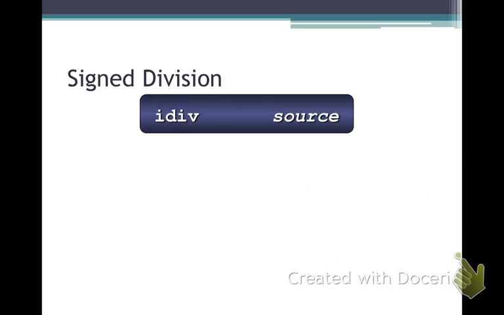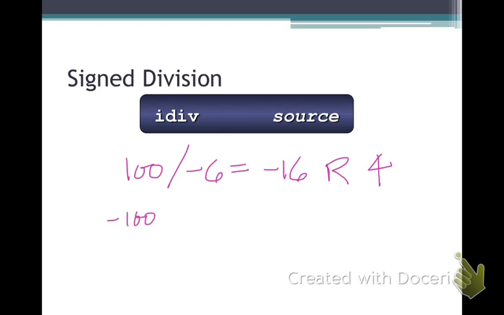One thing I'll point out, though, is, and let's go back. Okay, let's say I've got, let's use our same example, 100 divided by -6. Okay, what is my quotient going to be? Well, it's going to be -16. My remainder is going to be +4. Okay, what if it's -100 divided by +6?